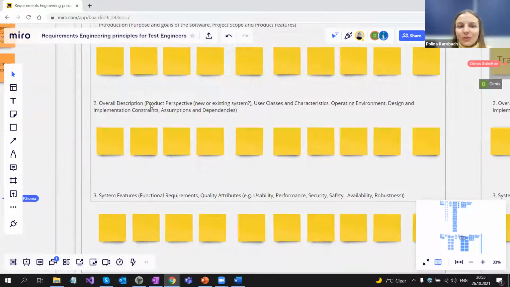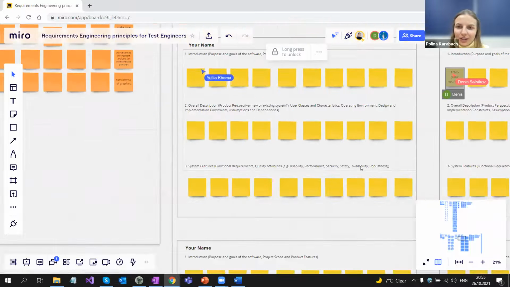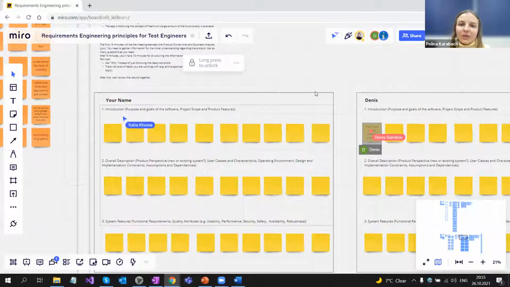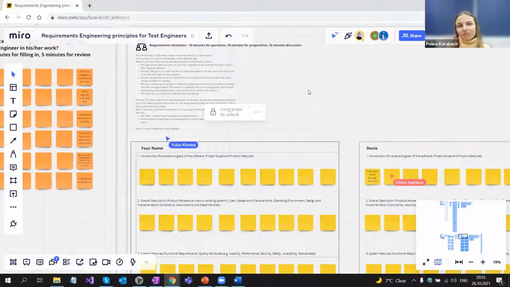We have the overall description, so user classes, design and implementation constraints, and dependencies. Then there is a place for low-level requirements, including quality requirements such as performance, security and safety. You can already start filling the cards with the input you have, and as soon as you have a question, just unmute yourself and ask. If you have questions about the assignment, please let me know.